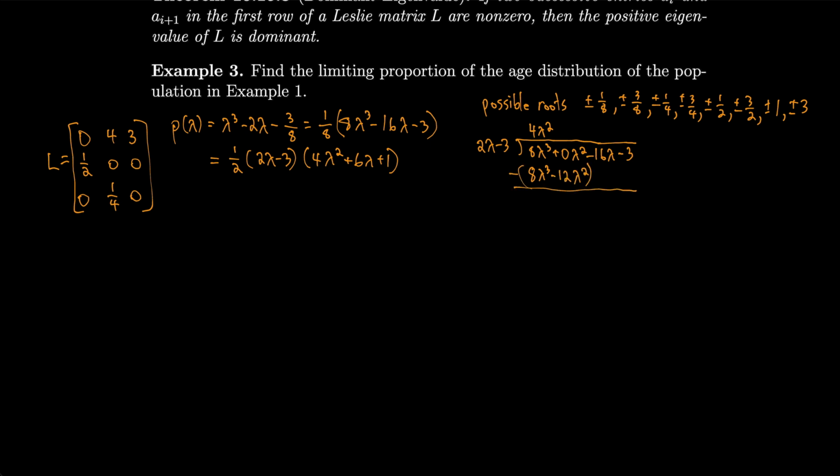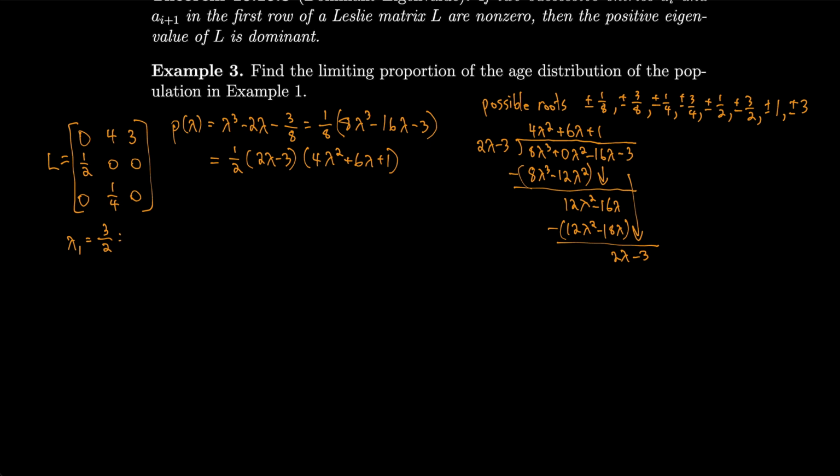You subtract and you get 12 lambda squared, bring down the minus 16 lambda and divide again, get 6 lambda, multiply to get 12 lambda squared minus 18 lambda, and then subtract and get 2 lambda, dividing gives you 1, and then bring down the minus 3 and it goes in perfectly. In any case, this is what we end up with, factoring it. It takes some time, but we eventually do figure out that lambda 1 is 3/2.